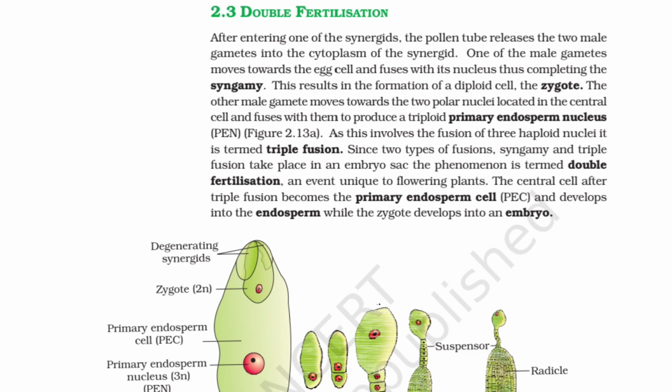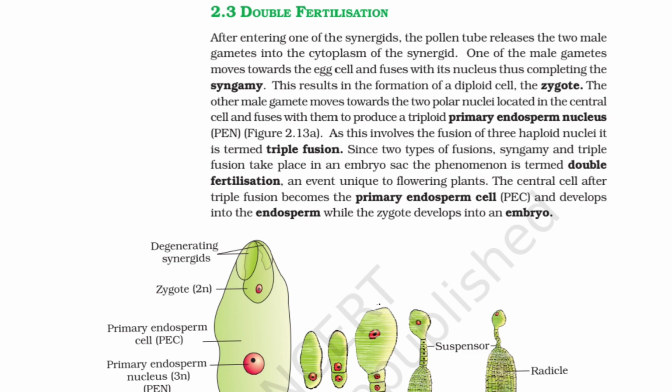The other male gamete moves towards the two polar nuclei located in the central cell and fuses with them to produce a triploid primary endosperm nucleus, PEN. As this involves the fusion of three haploid nuclei, it is termed triple fusion. Since two types of fusions, syngamy and triple fusion, take place in an embryo sac, the phenomenon is termed double fertilization, an event unique to flowering plants.